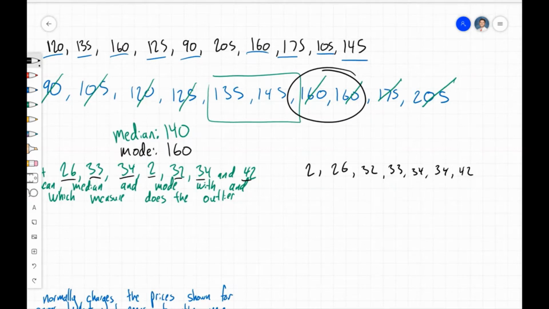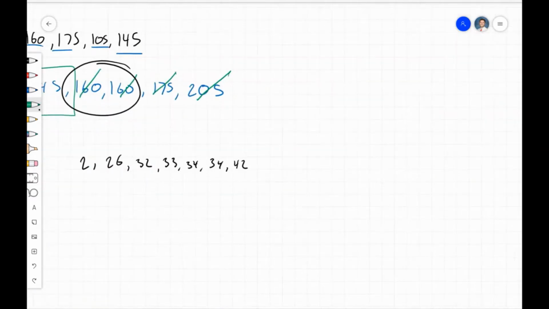So if we want to find our median, we can start from the ends and work our way to the middle. And our very middle value here is 33. So our median is 33 with the outlier. Sorry, that should be 33. And this is with the outlier. And this is without the outlier, which we'll calculate later.